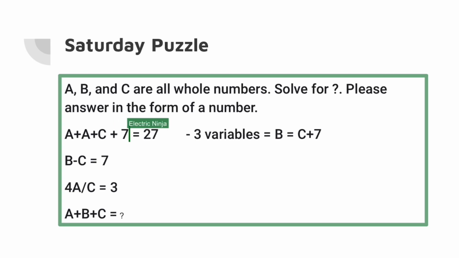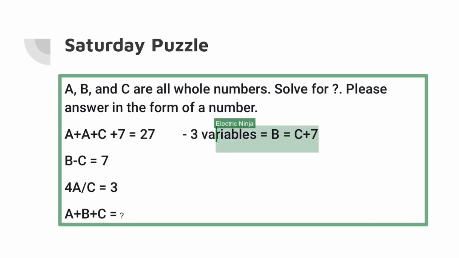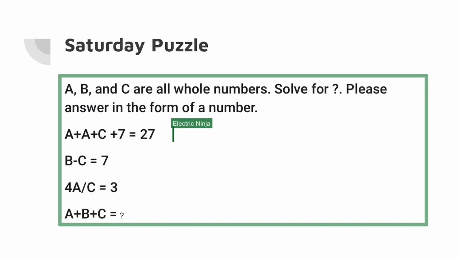So already we now have some more steps. We can get it to A plus C plus 7 equals 27, or A plus C is equal to 20. So there we have that, and we don't need to know this right now.